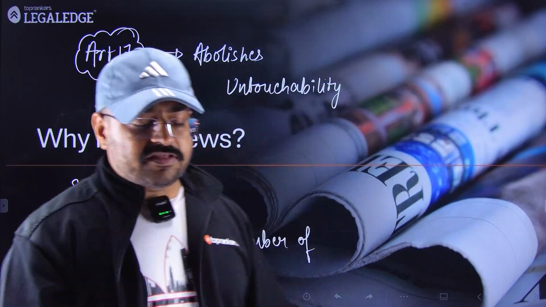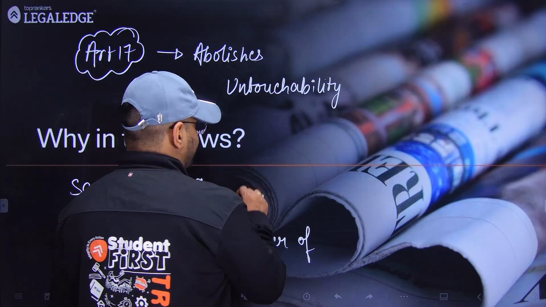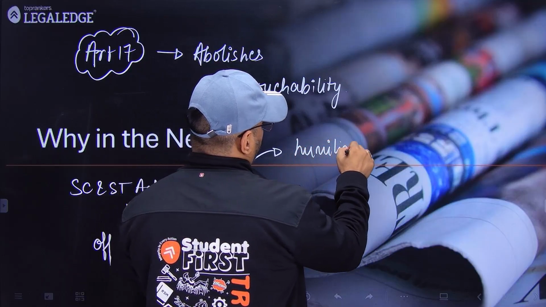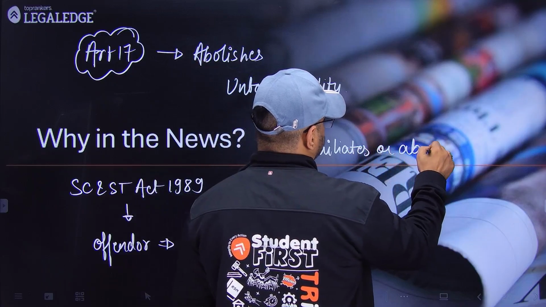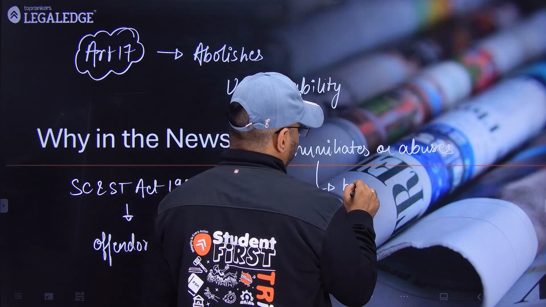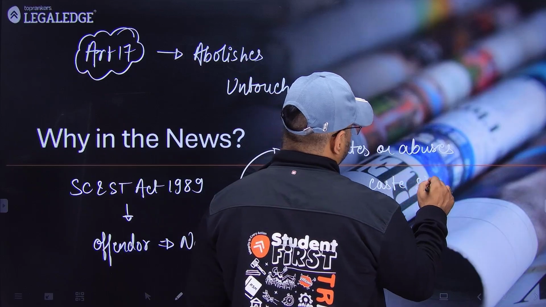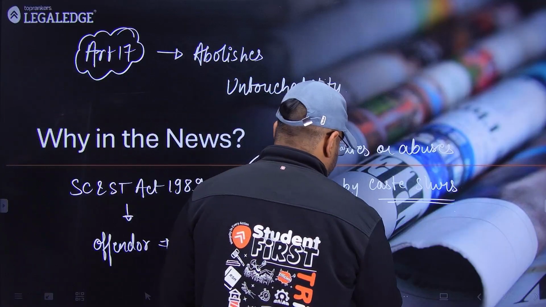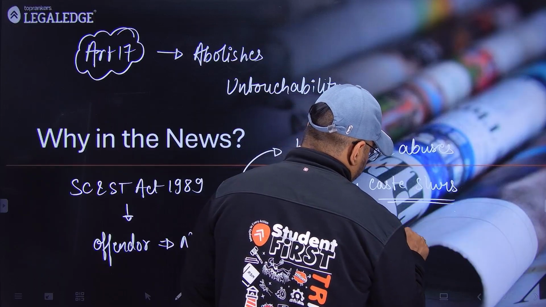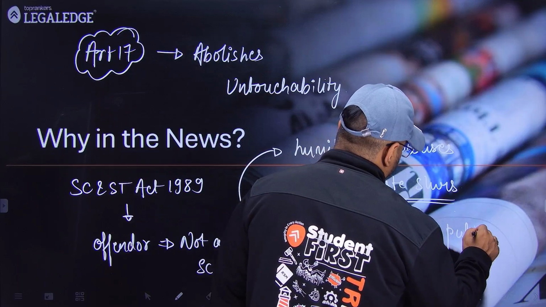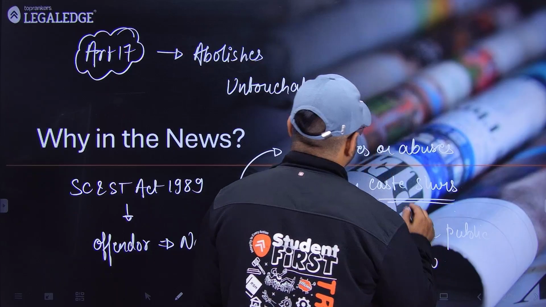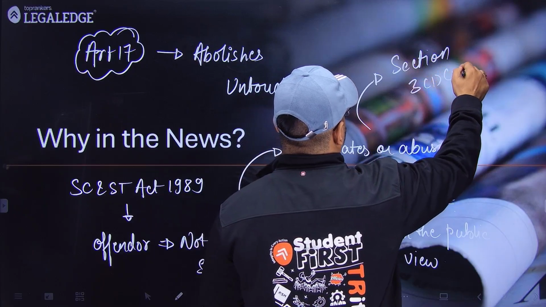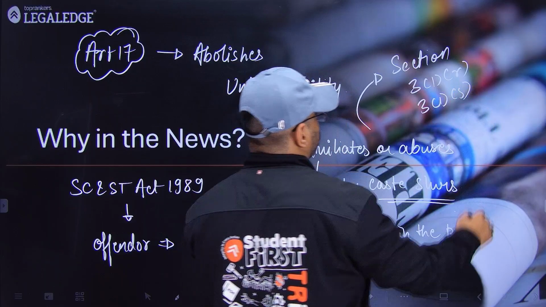Now, one such atrocity which is punishable under section 3 of this act is that if any such person who is not a member of SC/ST community humiliates or abuses a member of the SC/ST community by caste-based slurs, ठीक है, या through casteist comments in a place within the public view, then such a person will be punished under section 3(1)R and section 3(1)S of the SC/ST Act.